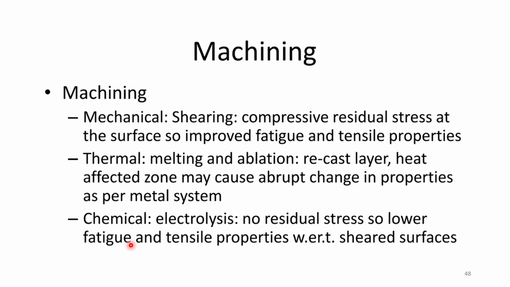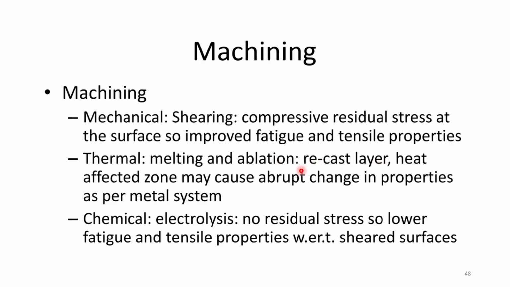Next is machining. In case of mechanical machining, you will have shearing type of forces. It will lead to compressive residual stresses at the surface, which lead to improved fatigue and tensile properties. In case of thermal machining, you will have melting and ablation, and there will be a recast layer, a layer which melts and gets solidified again.